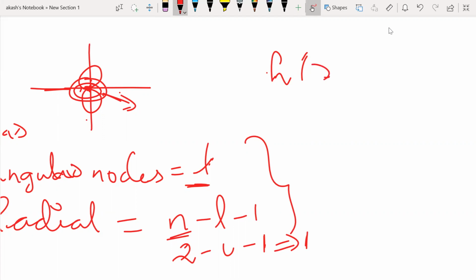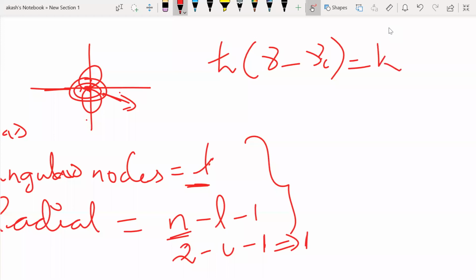Right, this is the formula. h into nu minus nu naught is equal to kinetic energy.